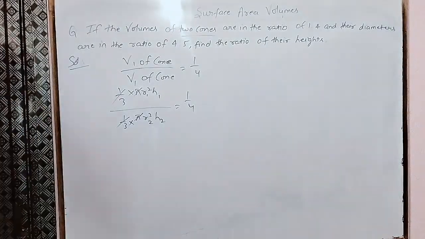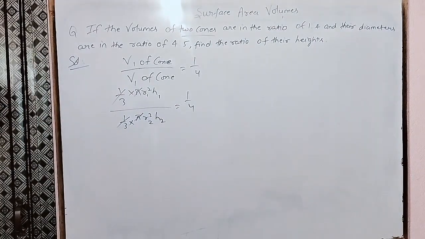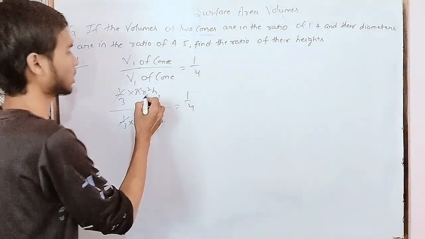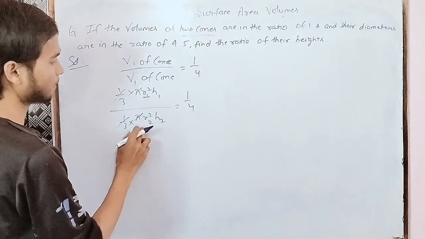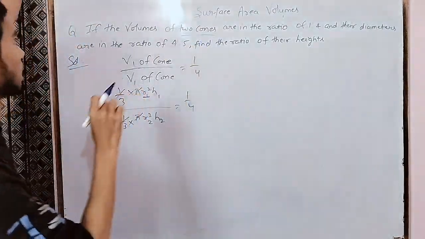So here you can see this is radius, and the diameters are in the ratio.